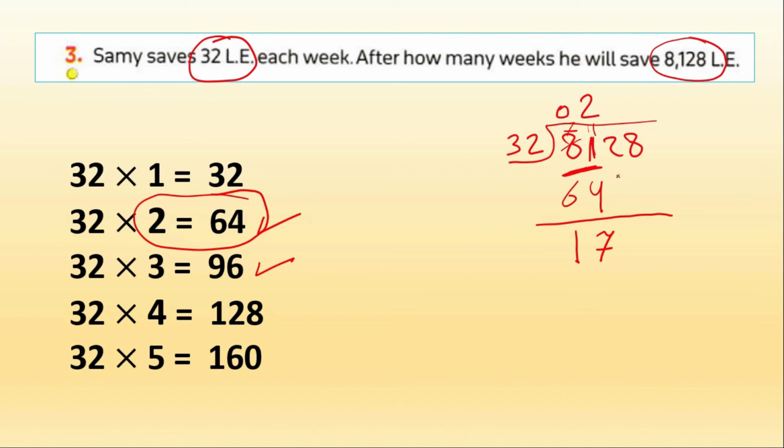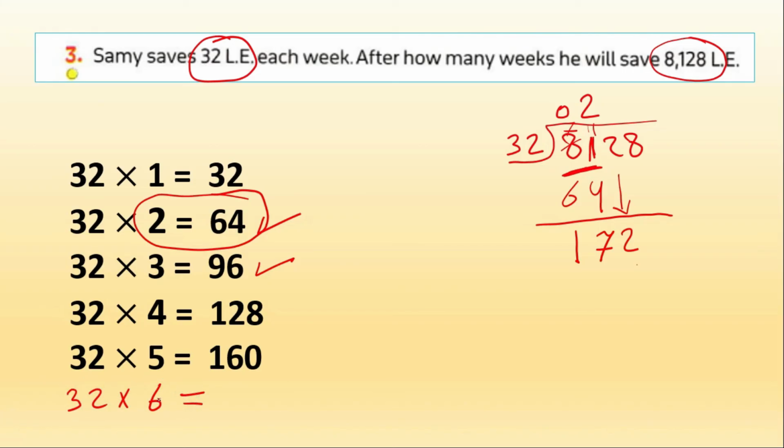We then drop the 2. 172 divided by 32. Search for 172, it is not here. We have to complete 32 times 6.